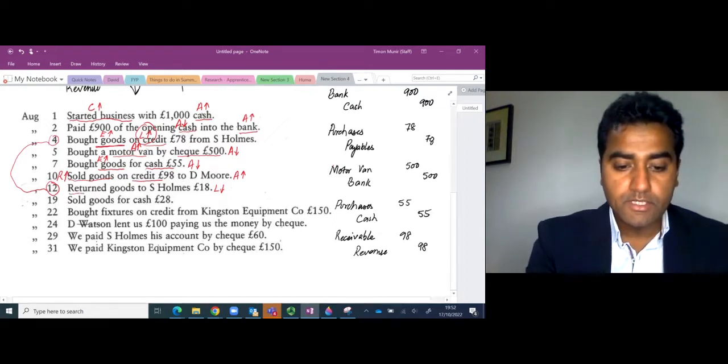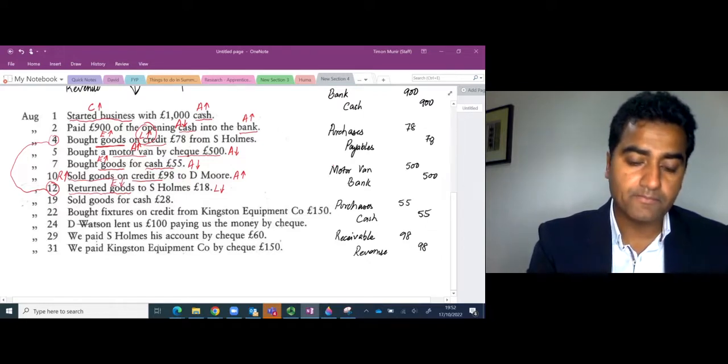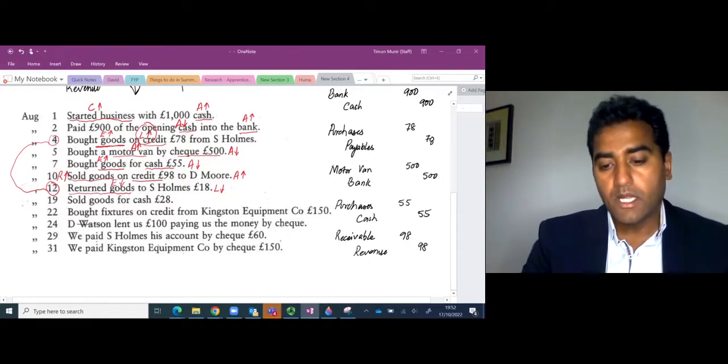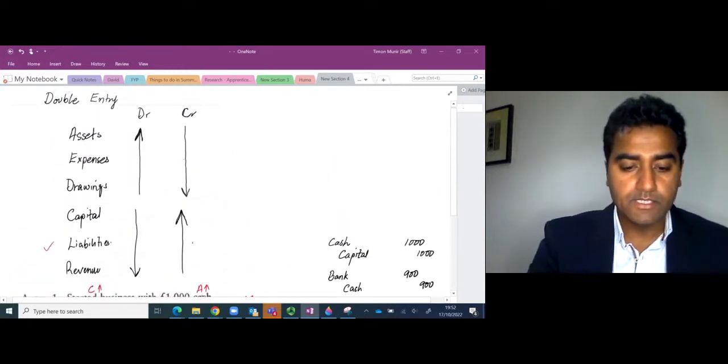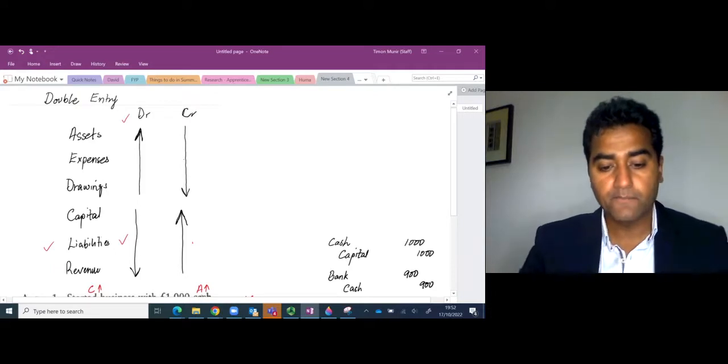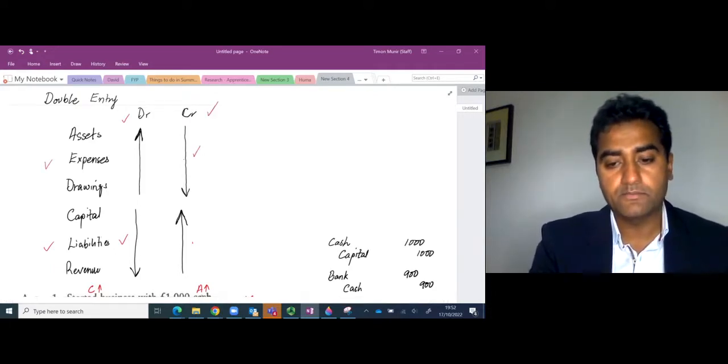So return goods, that means my purchases, which are expenses, are decreasing. And you can see when there is a decrease in liability, it is debit. And when there is a decrease in expense, it is credit.